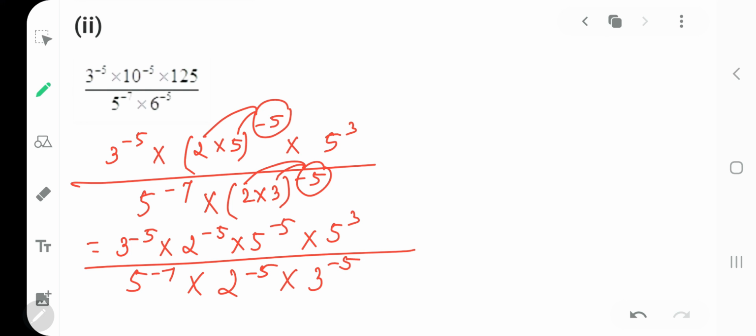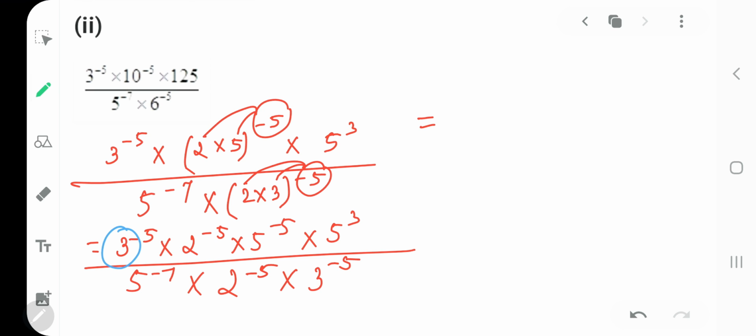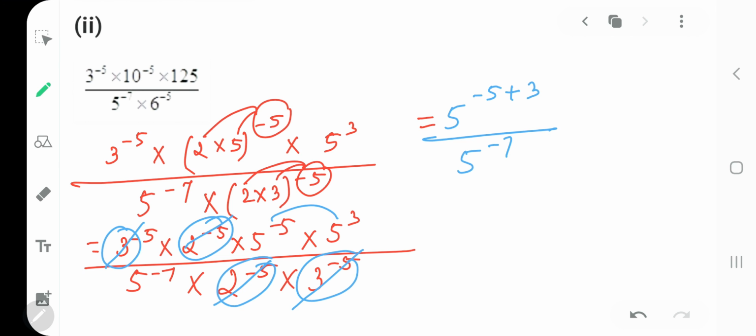Let's see what all things we can eliminate. Now we have a common base here. 3 raised to minus 5, 3 raised to minus 5. So it will be 0. 2 raised to minus 5, 2 raised to minus 5. It will be 0. What is remaining here is 5 raised to minus 5 plus 3, because they are in multiplication, and down 5 raised to minus 7.